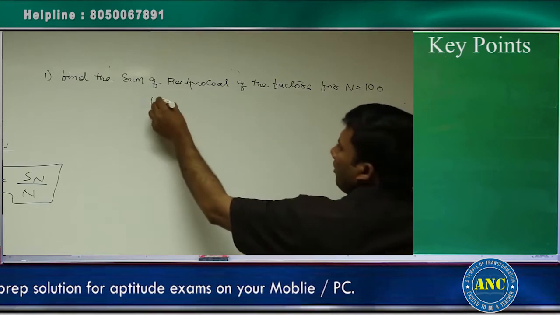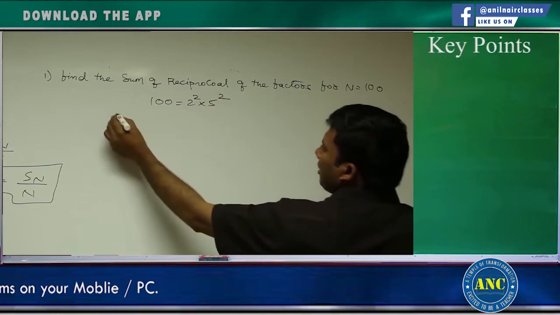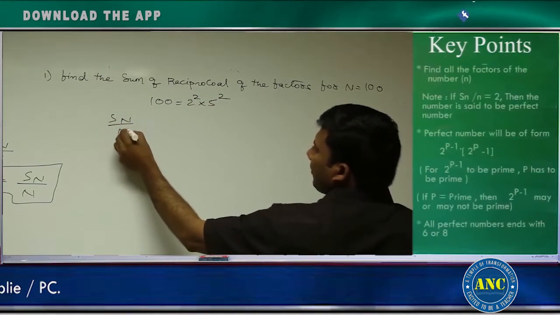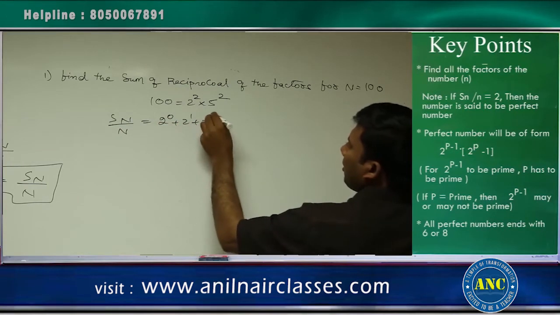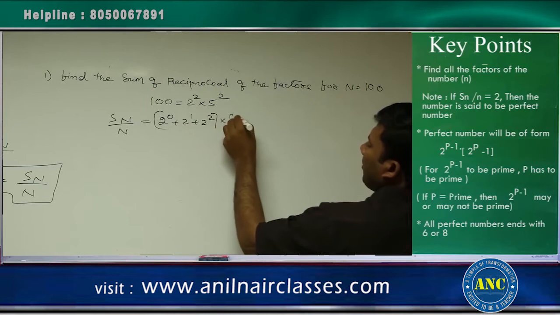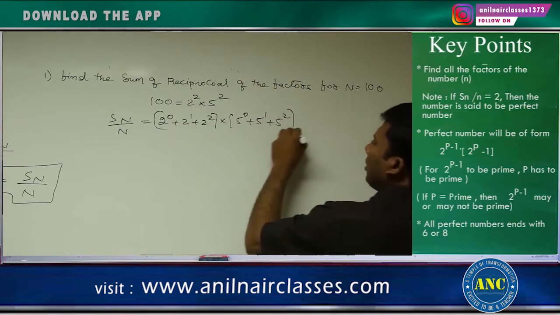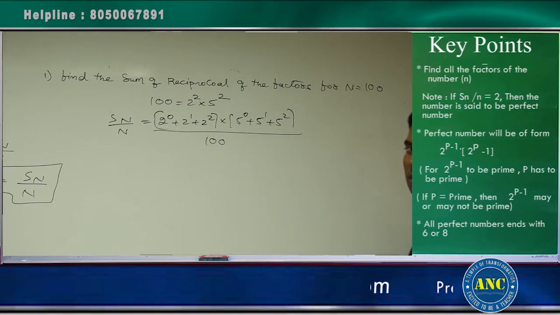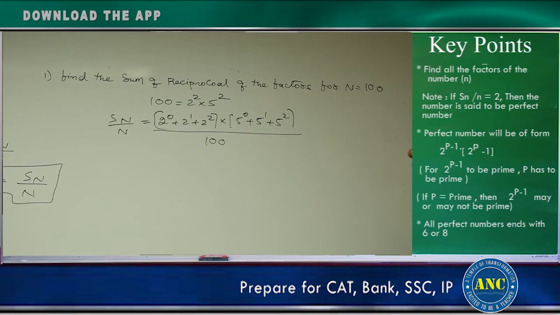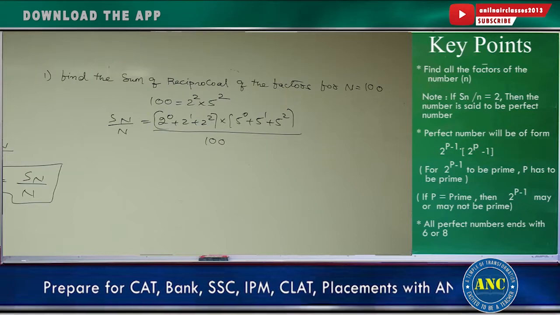So 100 will be 2 square into 5 square. What will be the answer? Sn by n. So this will be 2 power 0, 2 power 1, 2 power 2, into 5 power 0, 5 power 1, 5 power 2, divided by 100. The sum of the reciprocal of the factors for 100 is nothing but sum of the factors by 100.